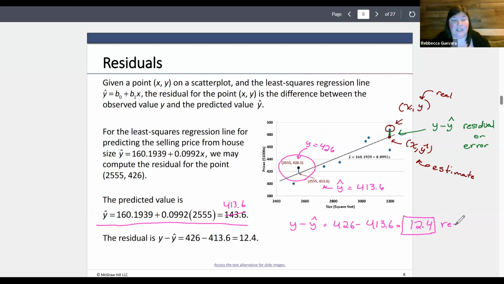And that is just, like I said, the difference between those two values. So the difference between my estimated value and the actual value of the house was about $12,000. So basically saying I'm off or have an error of $12,000 in my estimate. That's all it's telling me, which is not a big amount to be off by.